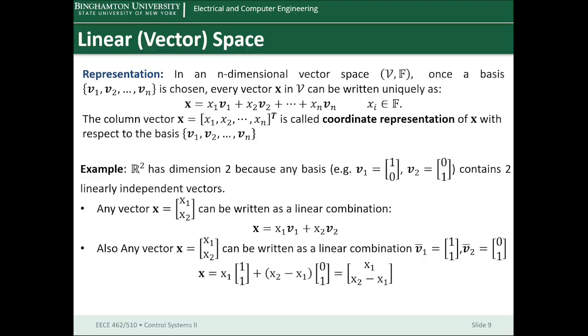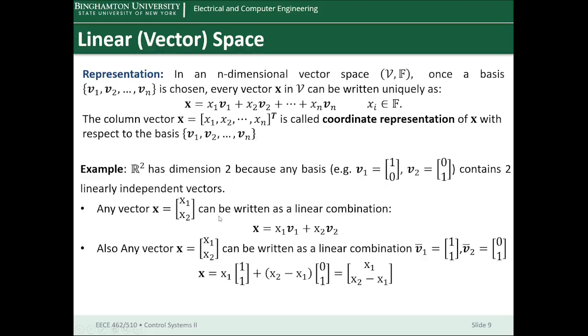Now consider another basis. v bar 1 equals (1, 1) and v bar 2 equals (0, 1). Earlier, we proved these two are linearly independent, so they form a basis for R2. Any vector x can also be expressed as x equals alpha 1 v bar 1 plus alpha 2 v bar 2, where alpha 1 equals x1 and alpha 2 equals x2 minus x1.